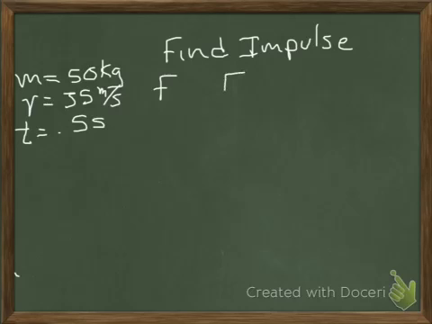So we know that the impulse is equal to the change in momentum. So that's another way of saying our mass times our change in velocity. Now we know that our velocity went from 35 meters per second down to 0 meters per second. So the change that Jennifer experienced was 35 meters per second.